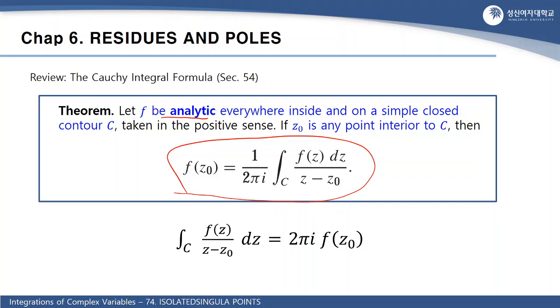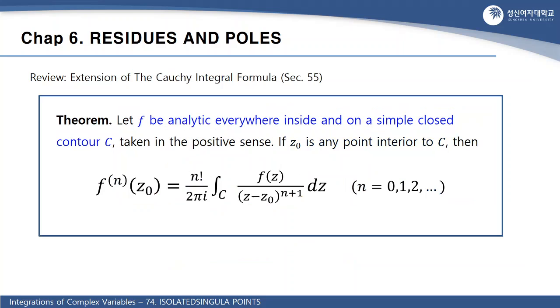When we modify this equation, the integral along the contour C of f(z) dz divided by z minus z0 is equal to 2 pi i times f(z0). So it also provides a method to compute the integral.